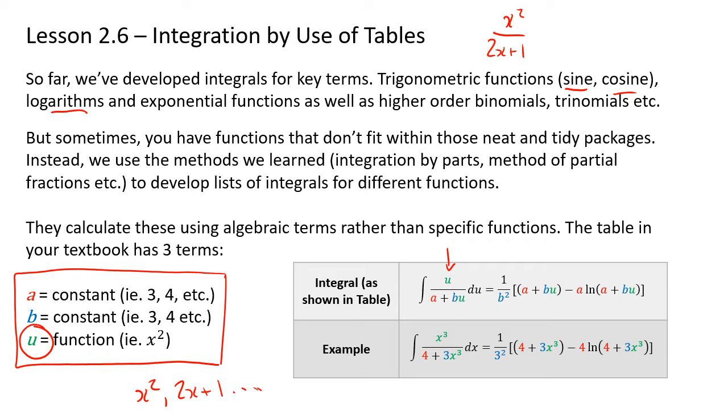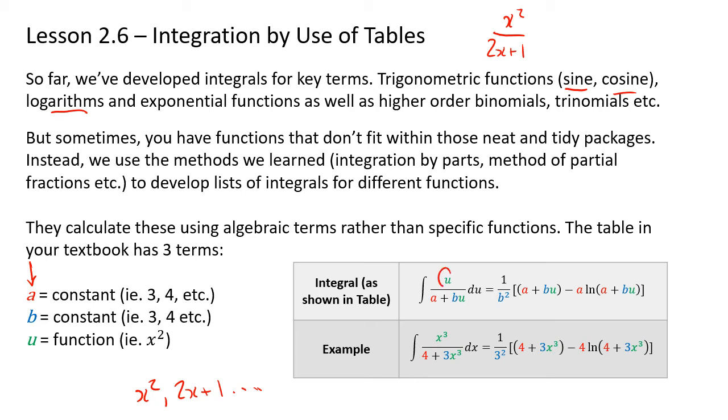I've color coded them to match the colors I have here, so you can see the difference. In this case, you have a certain function u twice, and you have 2 constants a and b. And it gives you a predefined integral that you then plug those values into to find the answer.